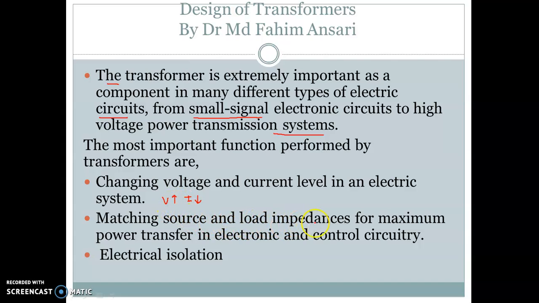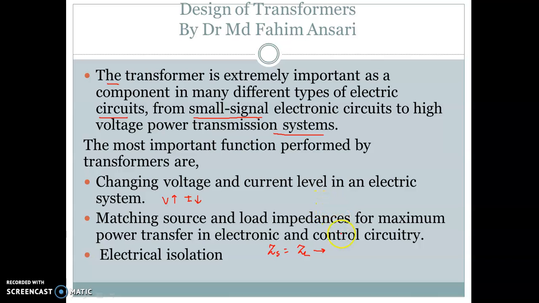Matching source and load impedance for maximum power transfer in electronic and control circuits. If the source impedance is equal to the load impedance, then the power transfer will be maximum, as per the maximum power transfer theorem.